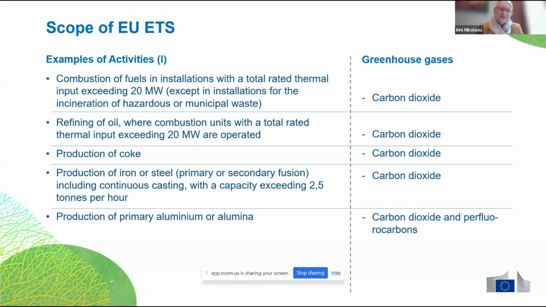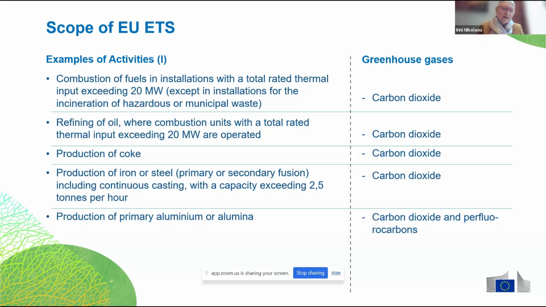we started the system only with the big emitters, because when it started more than 20 years ago, it was just a burden for everybody. Nobody wanted to even hear about this. Industry and power sector were very against, of course, and they were okay only when they heard that they were going to get free allocation of allowances that they need to surrender.